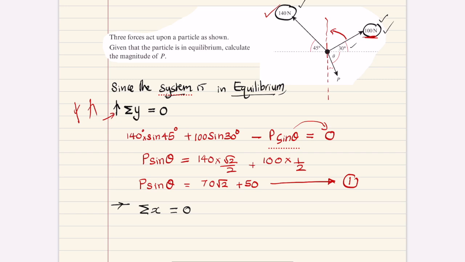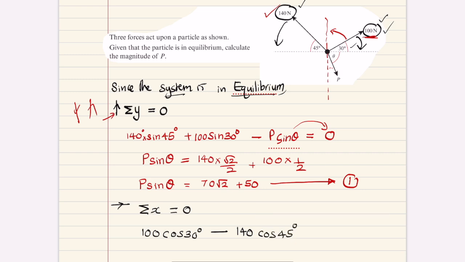I have 100 sine 30, not sine actually, since we are going through the angle, it will be 100 cos 30 minus, why is it minus? Because this 140 is opposite in direction, it will be 140 cos 45.